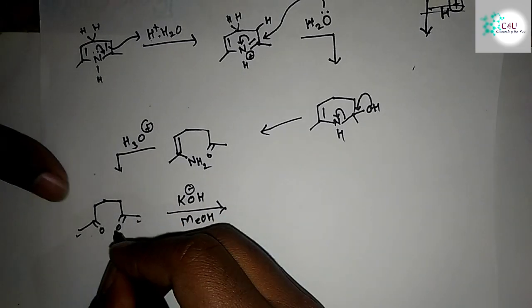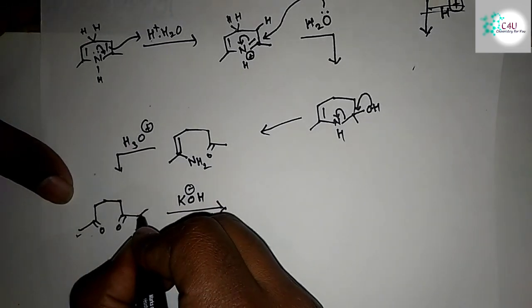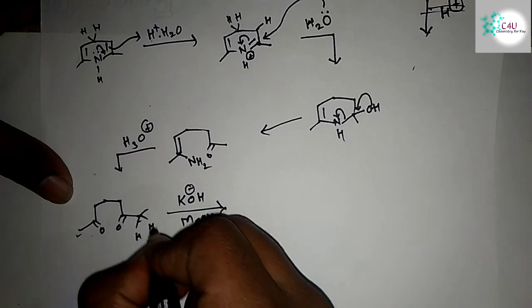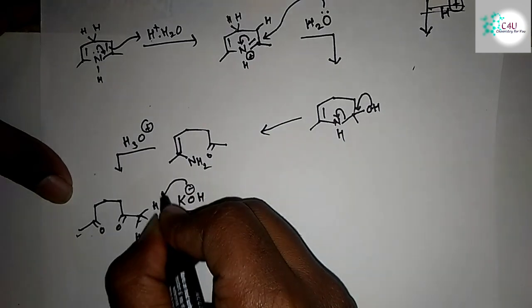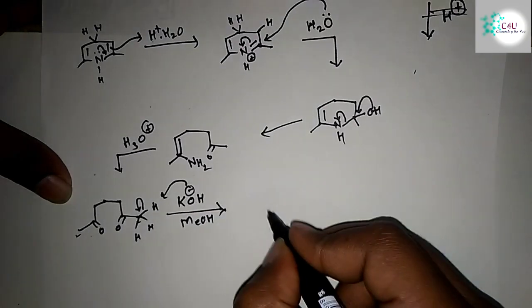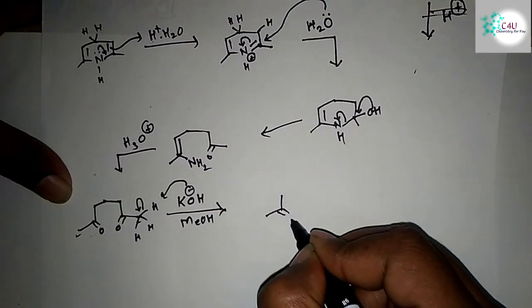So out of this methyl, one methyl gets deprotonated and an enolate is formed there.